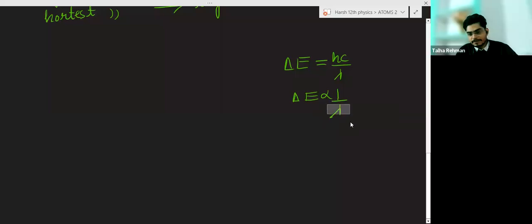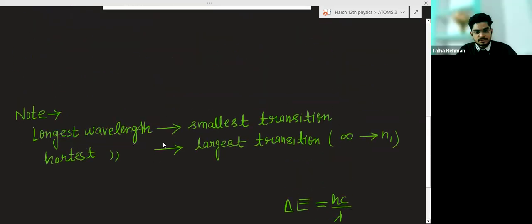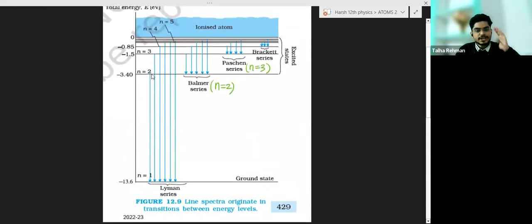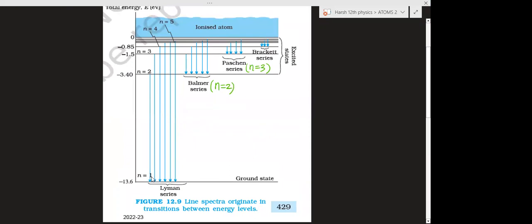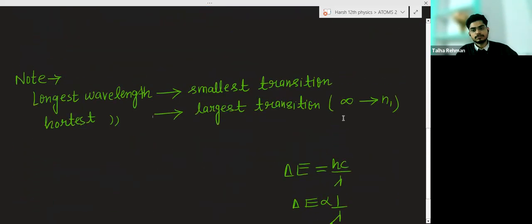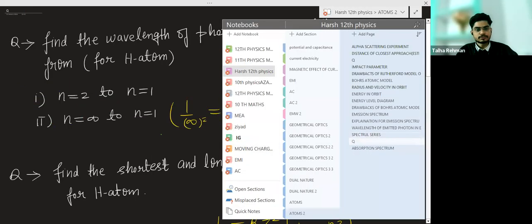If you want lambda maximum, this should be minimum. If you want lambda minimum, this should be maximum. So for the longest wavelength, the smallest transition means the transition from n equal to 2 to n equal to 1. The largest transition will be n equal to infinity to n equal to 1. This also we will use in this question.